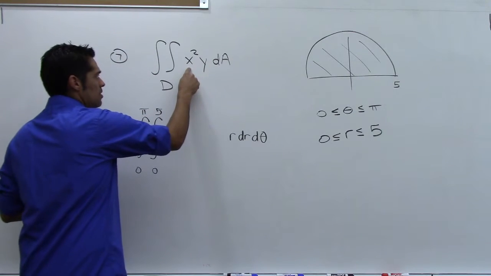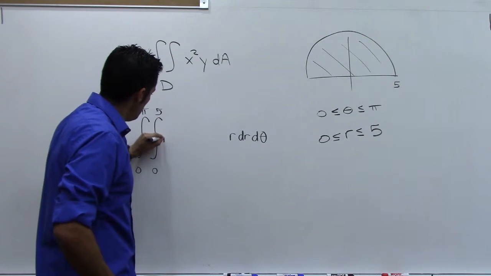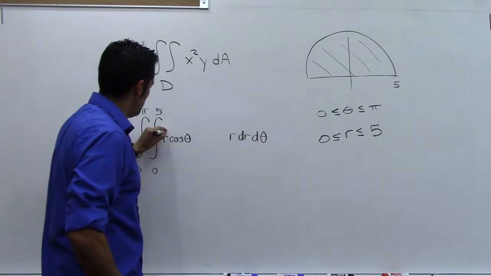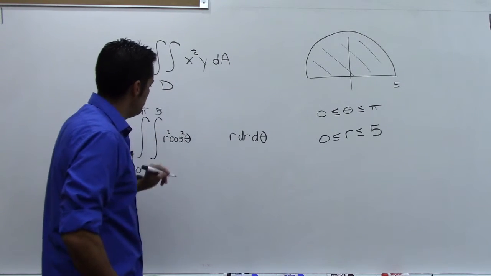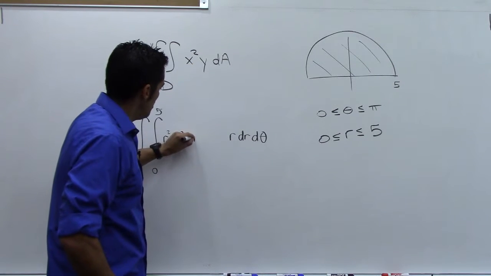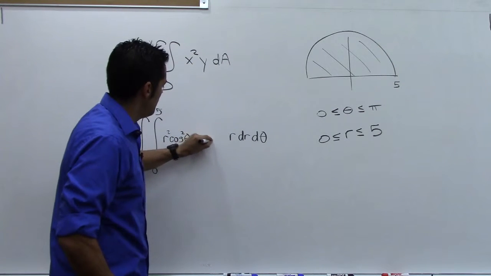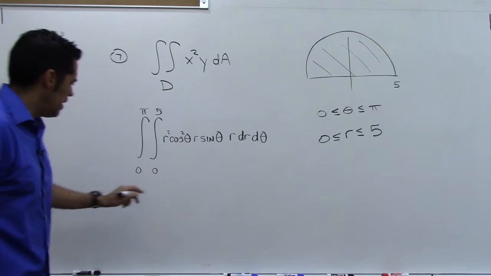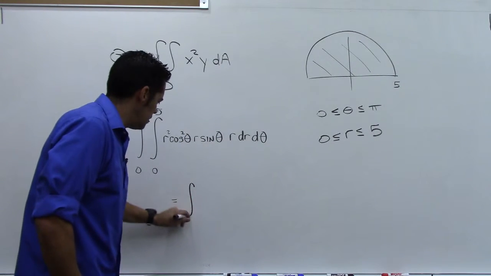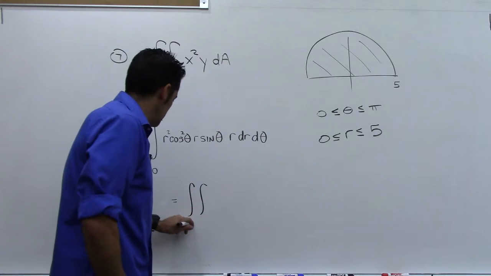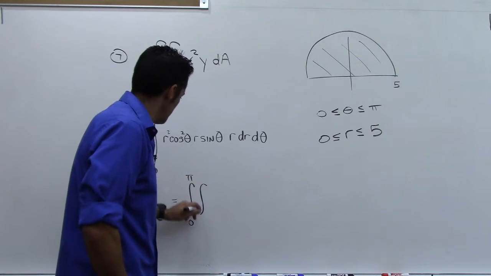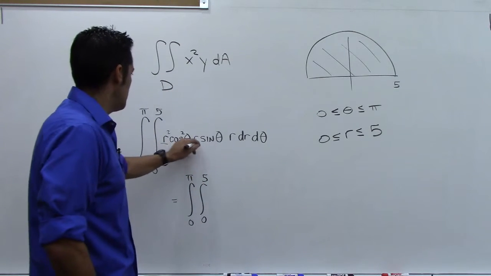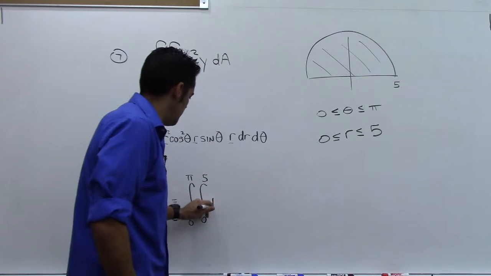And then x squared becomes r cosine theta squared, so I'm going to square the r and square the cosine. And then y, which is r sine theta. And then I can put this all together, combine things together, go from 0 to pi, 0 to 5, and then I have r squared, r, and r, so that's r to the 4th.